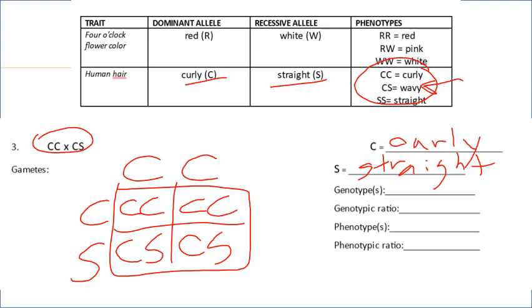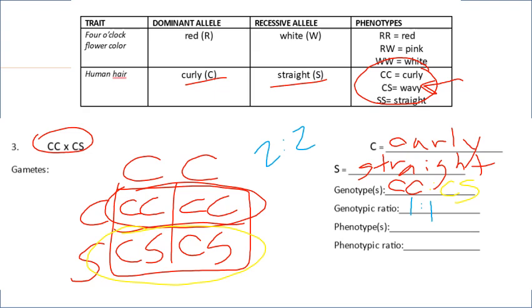If we look carefully, there are only 2 genotypes, CC, which we have right here, and then we also have CS. Kind of hard to see. I probably shouldn't use yellow. So we have two different types of genotypes. Since there are 2 squares and 2 squares, we'll just reduce that down to 1 to 1.